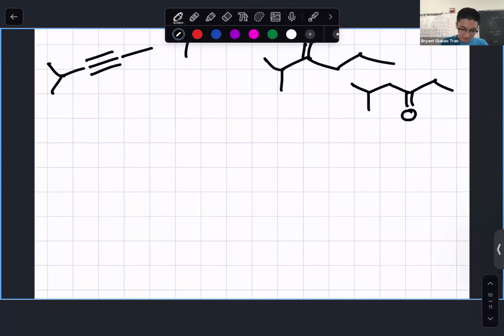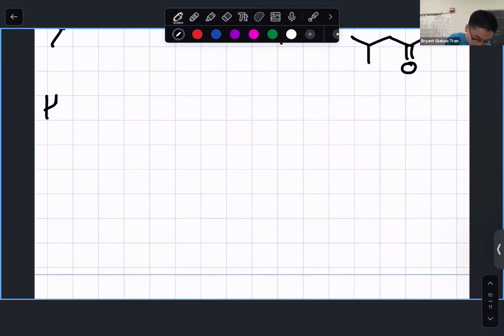Okay, last one. Hydroboration, oxidation of terminal alkyne.